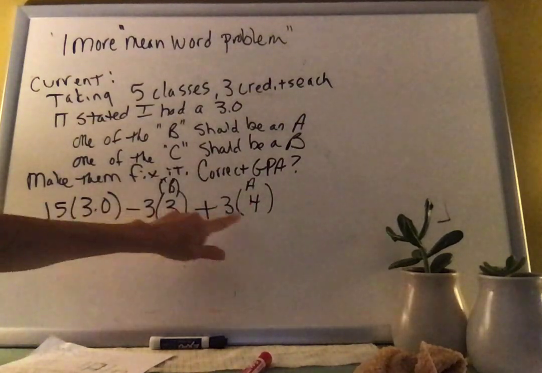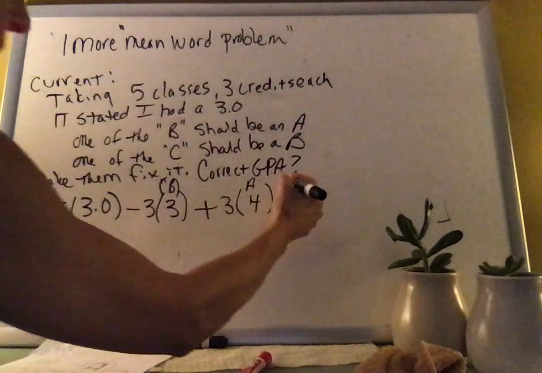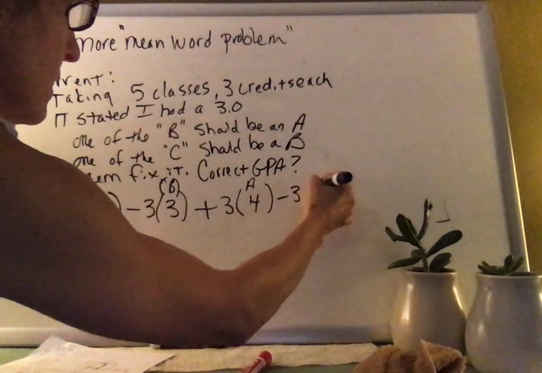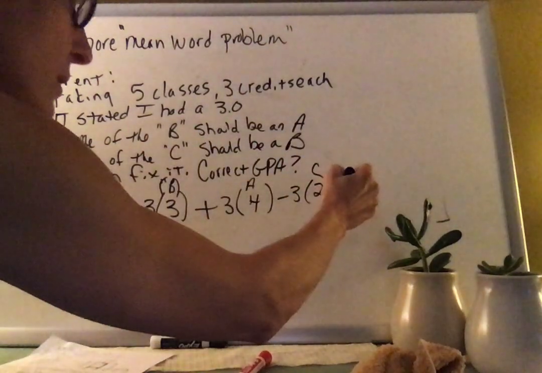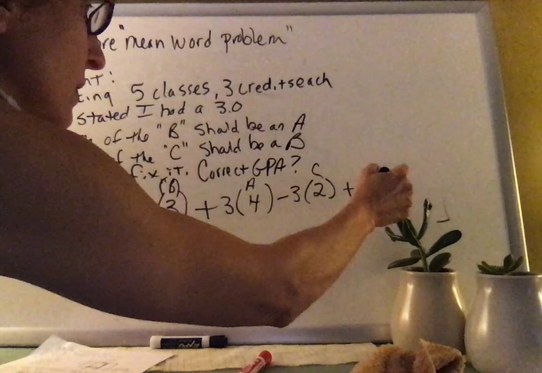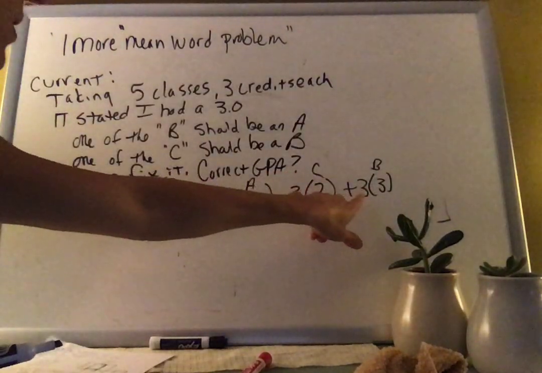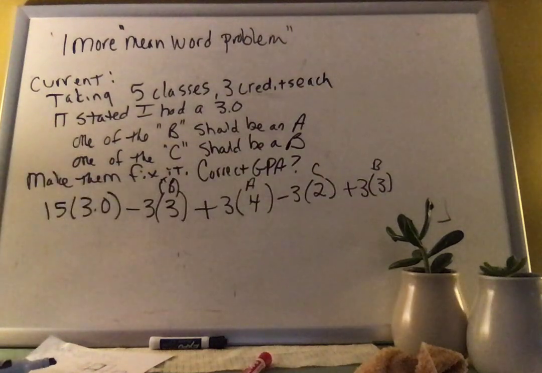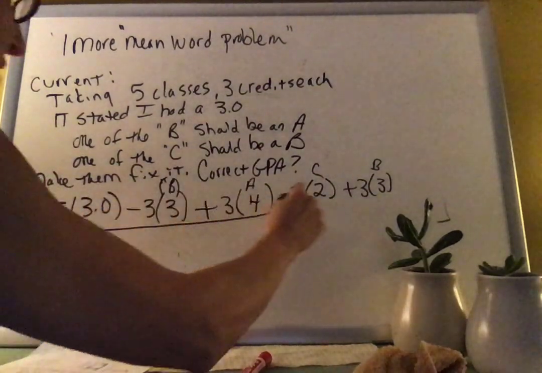Kicked out the B, put it back in as an A. All right, that C that professor had given me, that would have been worth a 2. That was supposed to be a B. So one correction, the other correction. We're just making grade changes.